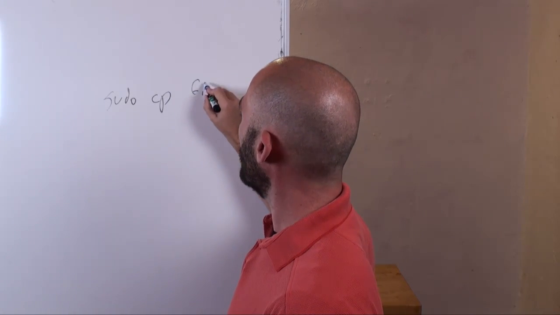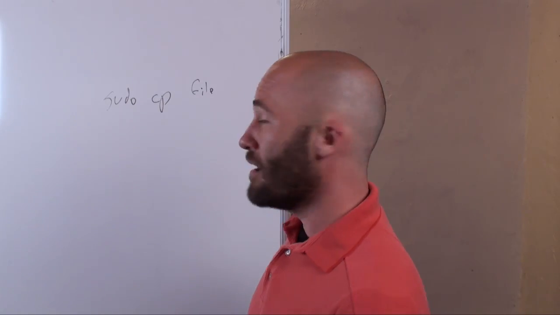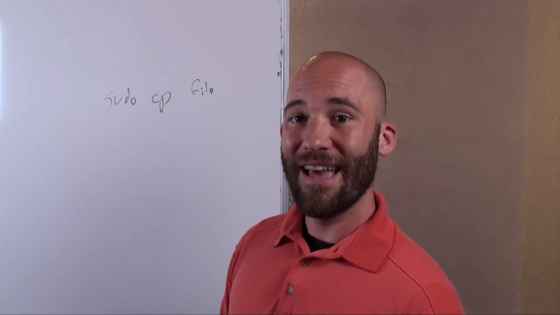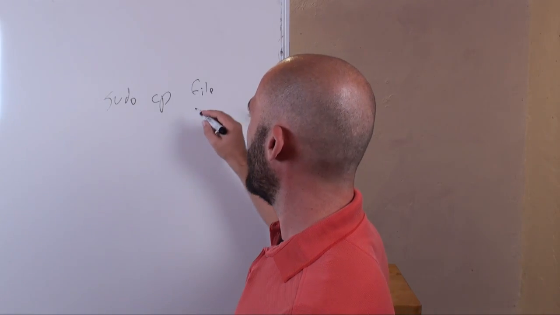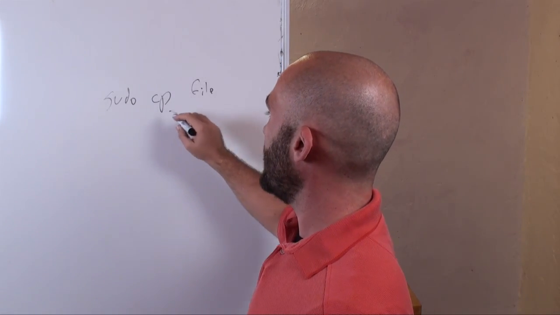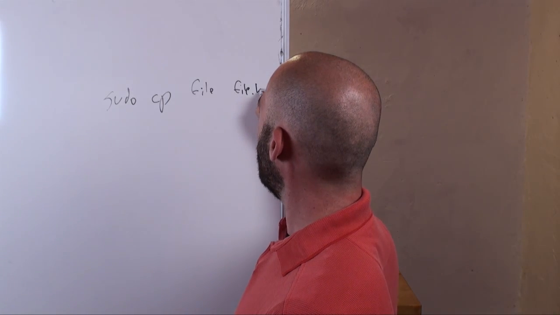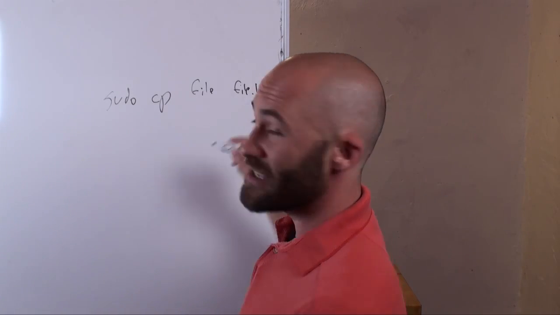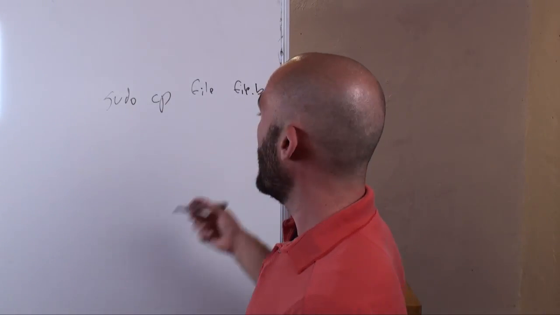So you do the file, space, and then what you want the copy to be called. Normally for backup files, they do .bak after whatever the file is. So you would do sudo space cp space file space file.bak. And so this is a backup of the original file in case you do anything stupid.